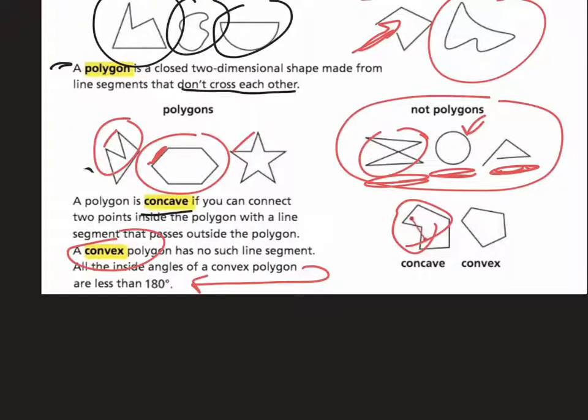So you can't have a polygon that has an angle greater than 180 degrees, because that would never close. This is a 180 degree angle right here, basically a straight line, so it has to be less than 180 degrees. It has to have some sort of interior angle that's obtuse or acute.